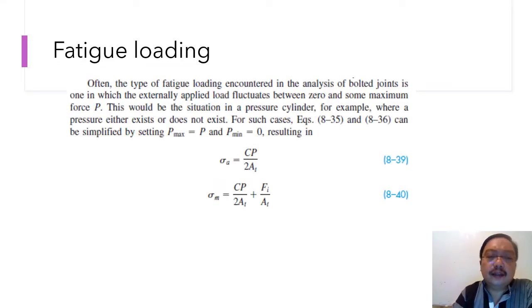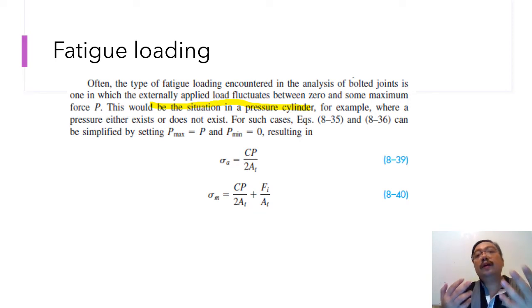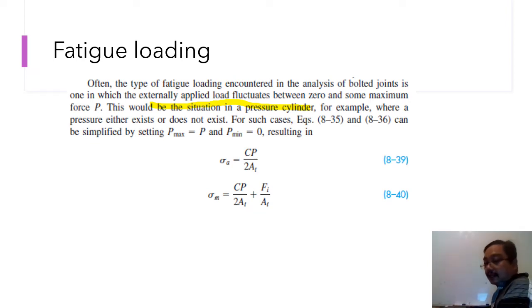Fatigue loading. Usually, fatigue loading happens in a pressure cylinder. For most cases, when you are dealing with a pressure cylinder, you are dealing with fatigue loading. A pressure cylinder is the gas at your house, when you are cooking, the gas you buy from that shop. It has pressure inside it.